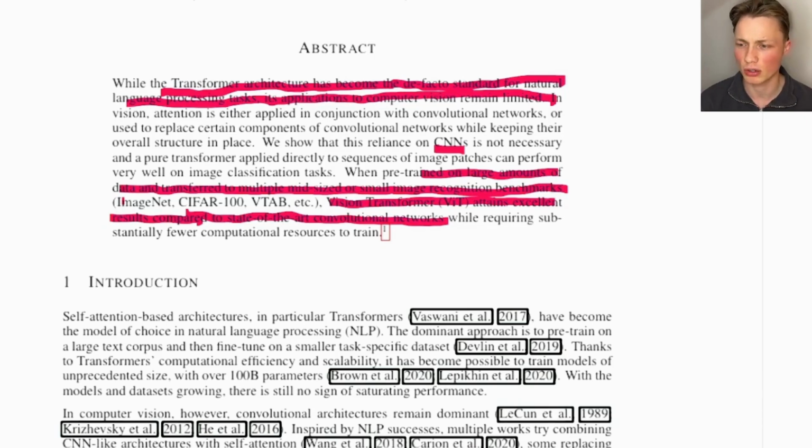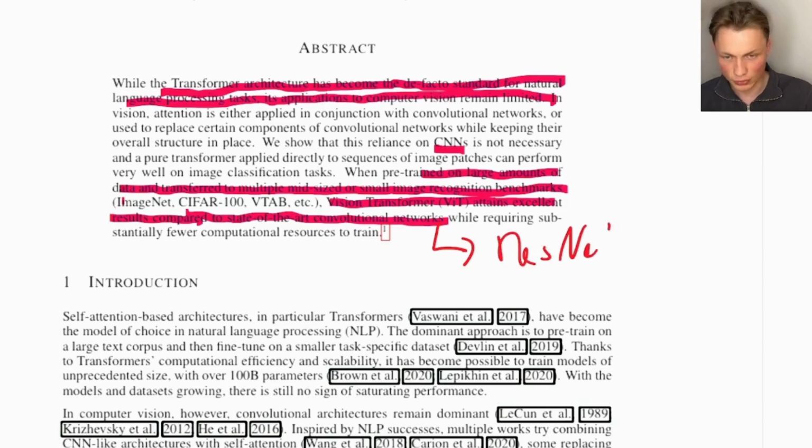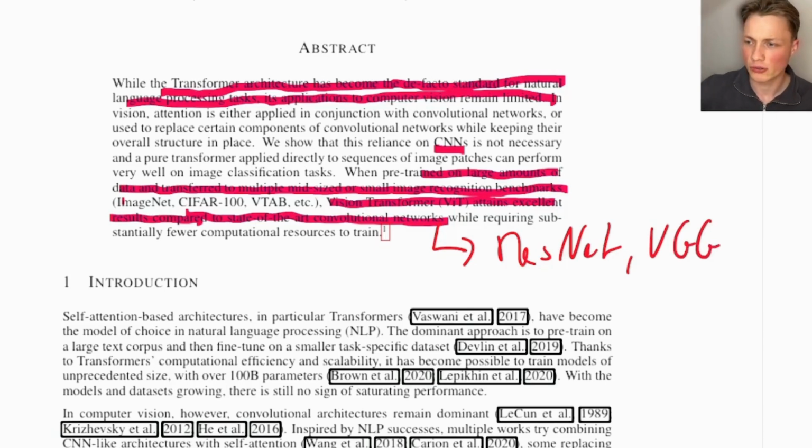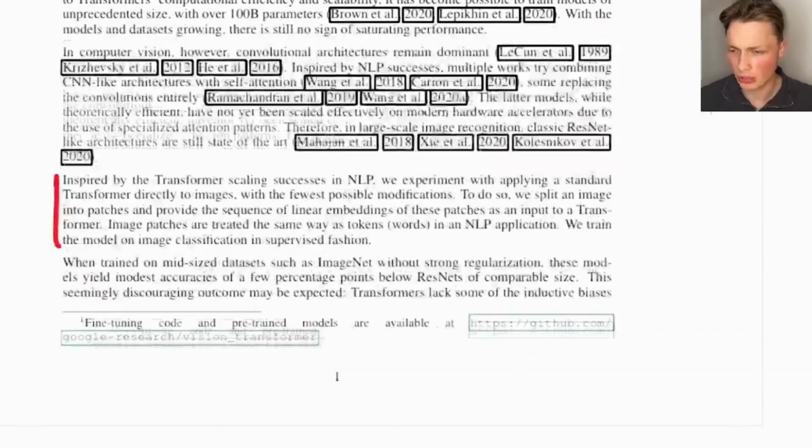They pre-train it on ImageNet, CIFAR, and VTAB, and it has similar performance to the CNN architectures. What kind of CNN architectures? Stuff like ResNet or VGG, for example. Yeah. So let's jump into the introduction.